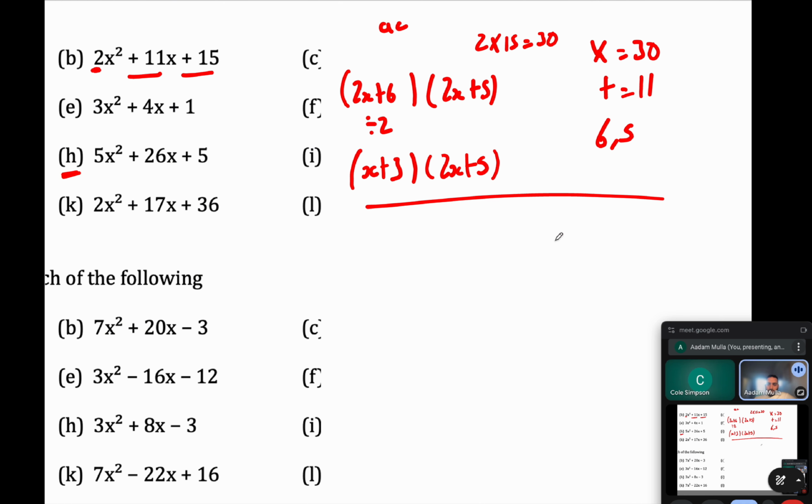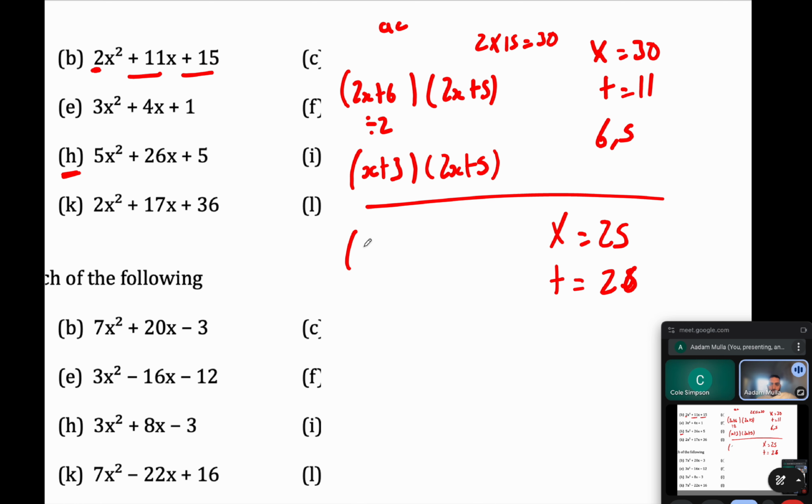Yeah, 5 times 5 is 25. So we're looking for two numbers that make 25. What do they add to make? 26. Good. They're going to be quite far apart from each other. 25 and 1. Yeah, 25 and 1.